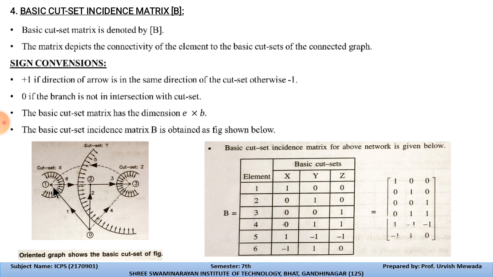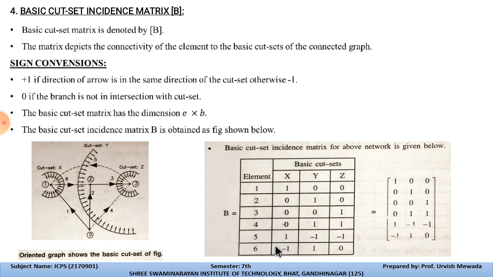There is no relation between element 2 and cut set x, so it is taken as 0. Now in y you can see that it is in the same direction, both are going towards node number 2, so it is taken as 1. There is no connection between element number 2 and z, so it is taken as 0. So this is how you can solve for all the networks.